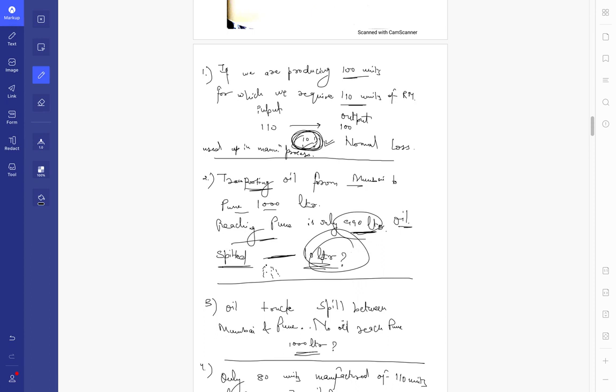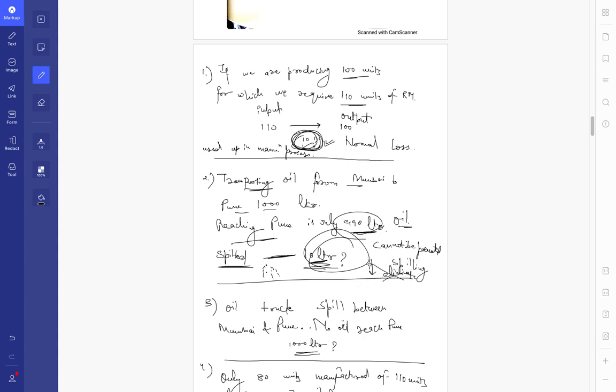So this 10 liters of oil, due to experience, you are able to understand that no matter what, it cannot be prevented from spilling. You can reduce it, but you cannot completely eliminate it.